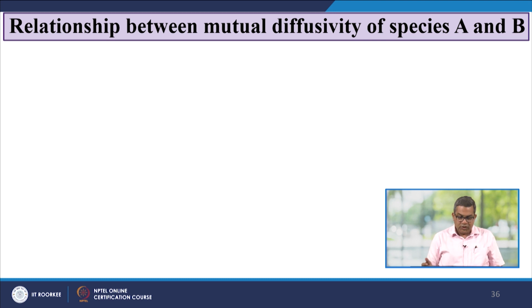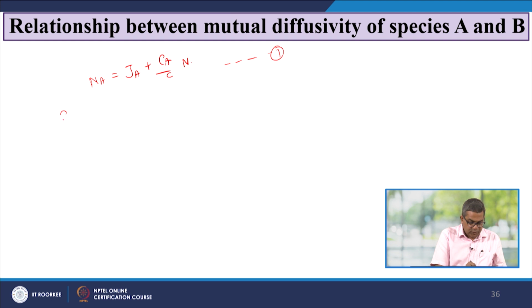Now, the relationship for the mutual diffusivity of species A and B can be given by Na is equal to Ja plus Ca over C into N. This is equation number 1. And for a gas mixture, Ca over C is equal to Ya, and Ja can be represented as minus Dab dCA over dx.